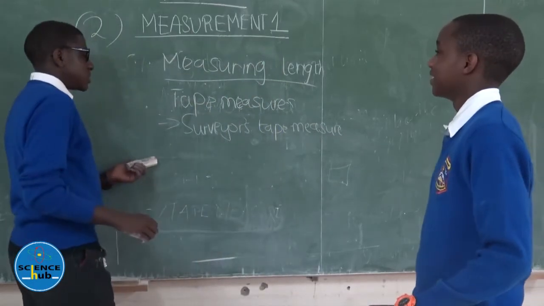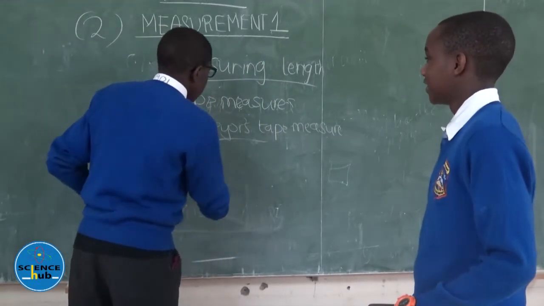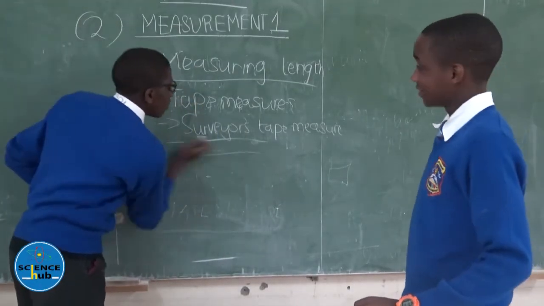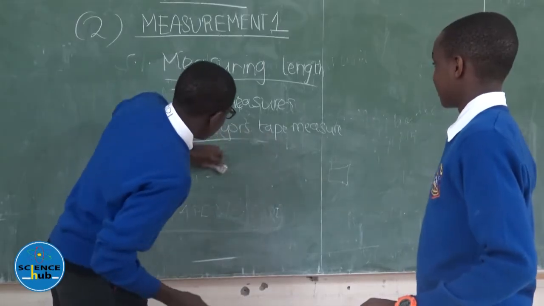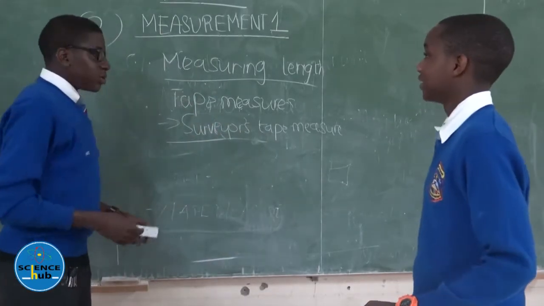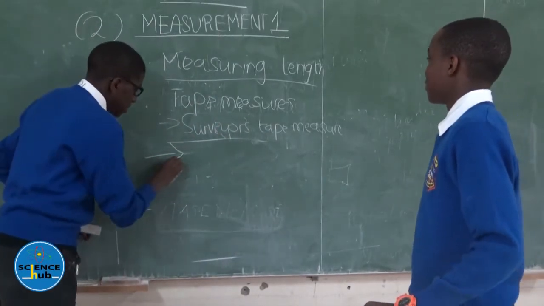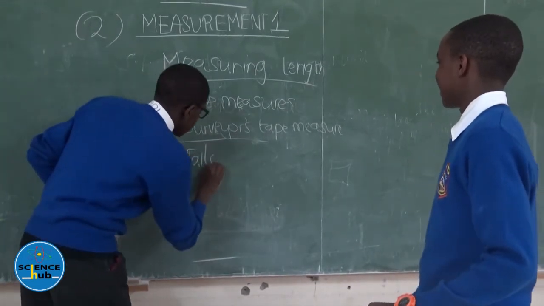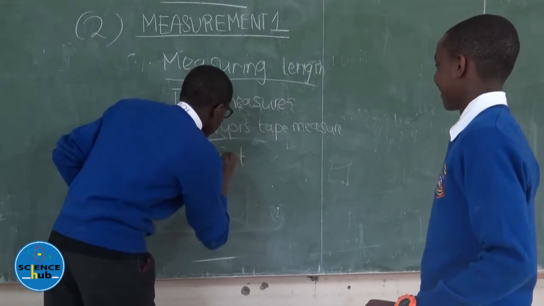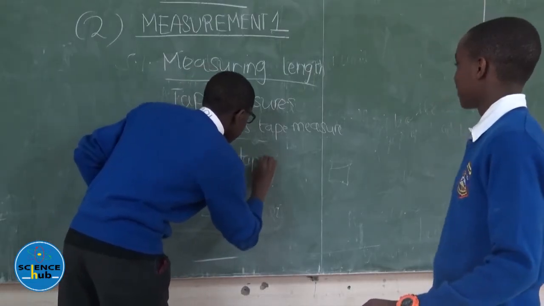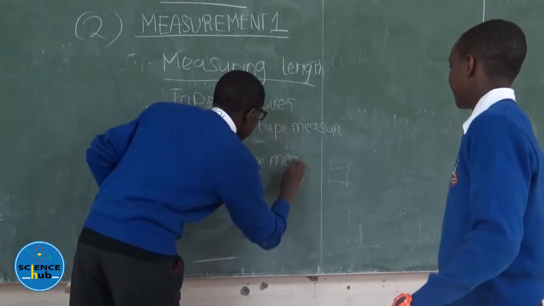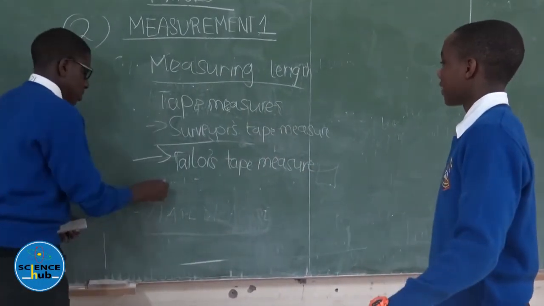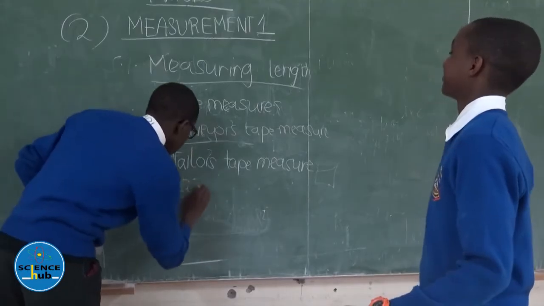This is mainly used by surveyors when measuring the length of the land which they are either selling or want to develop. Here, Chapo, can you give us another? We have the Taylor's tape measure. And also the Carpenter's tape measure.